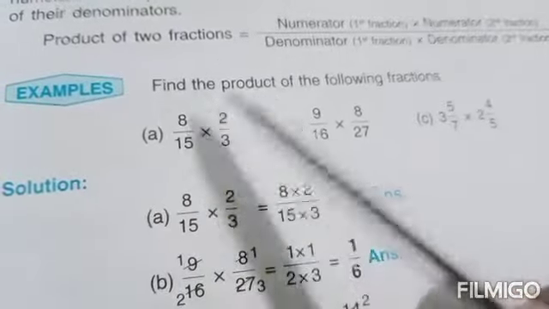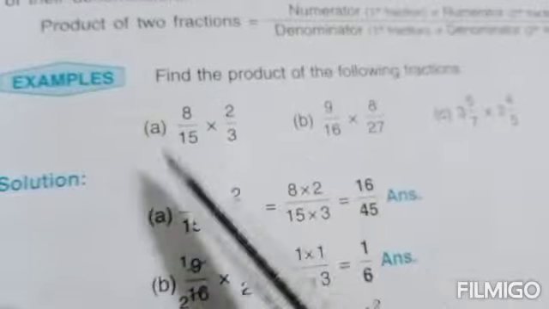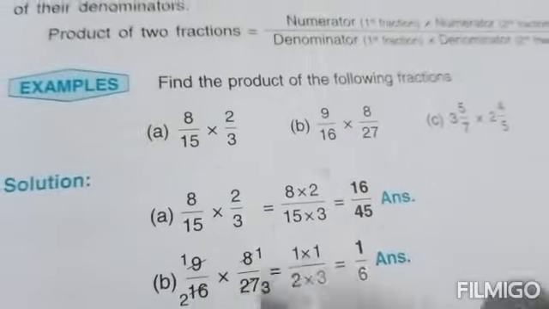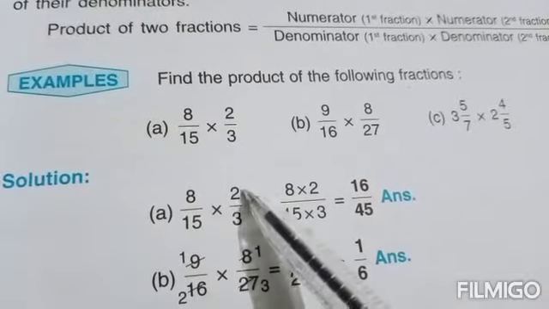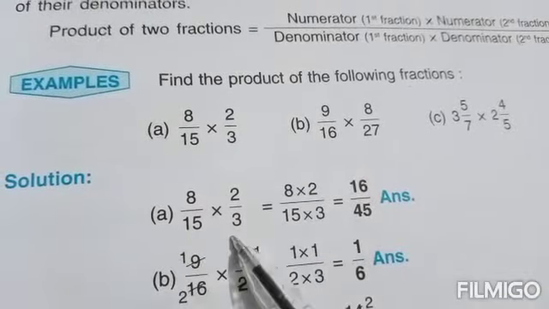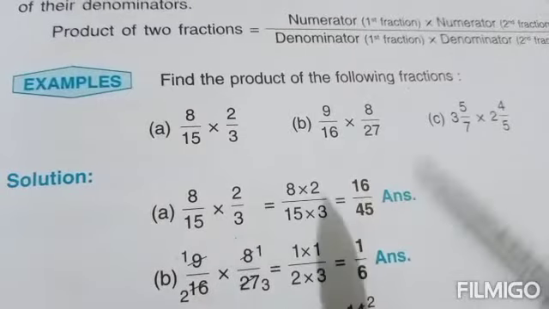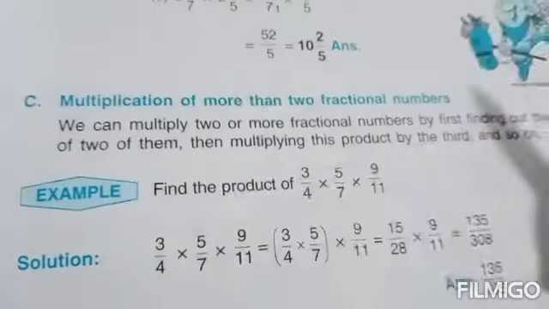So 8 by 15 into 2 by 3 equals 8 into 2 by 15 into 3. So you will get the answer 16 by 45.